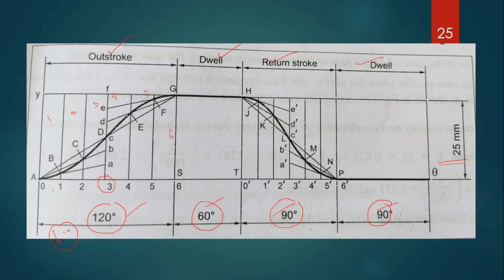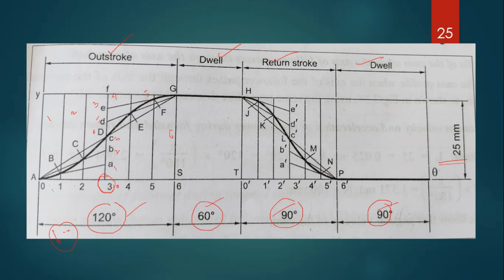Then select the third vertical line, and again divide this vertical line into n equal parts, say 6, because we already divided the outstroke into 6, so we divide this vertical line into 6 parts.